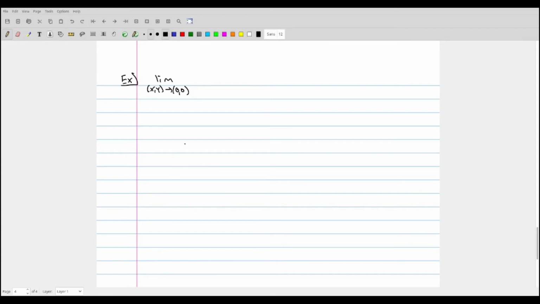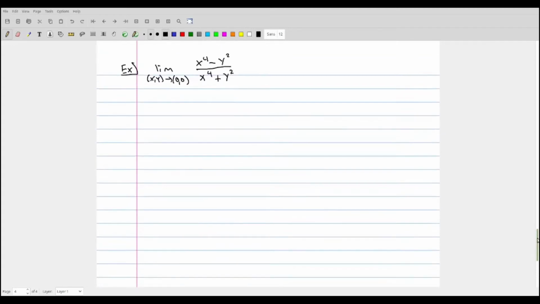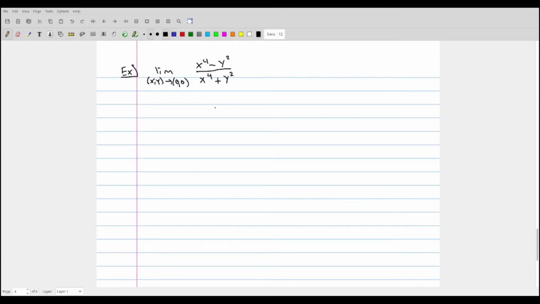We'll look at the function x to the fourth minus y squared over x squared plus x to the fourth plus y squared. So we go through and look at this again. We'll look at the level curves.